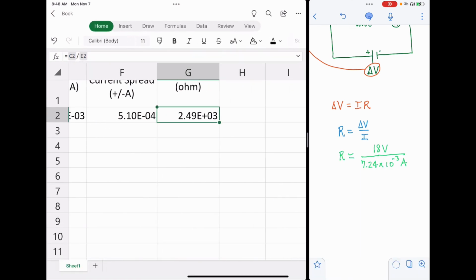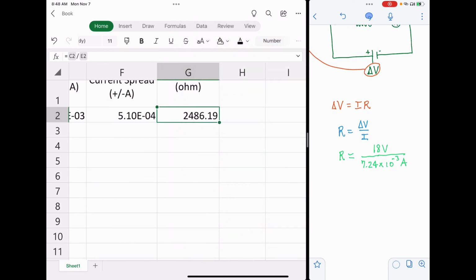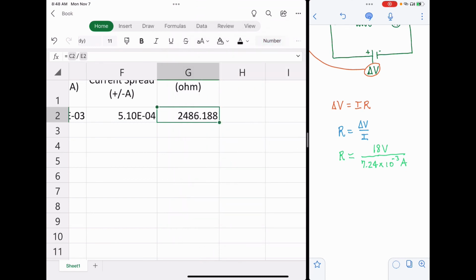And we get ourselves a value here. I guess it's beneficial to look at this in terms of scientific, but we could also just make it a number, which will be fine here. In fact, let me give it 3 decimal places, increase my decimal place. All right. So we'll go with that for our ohms.